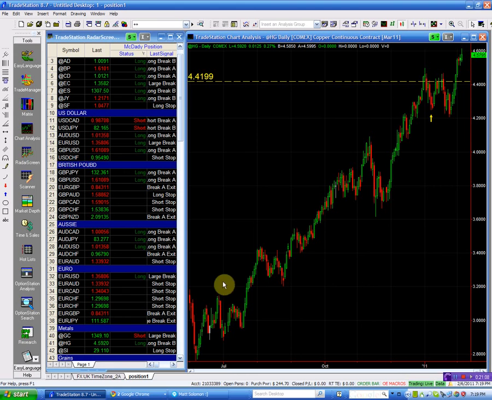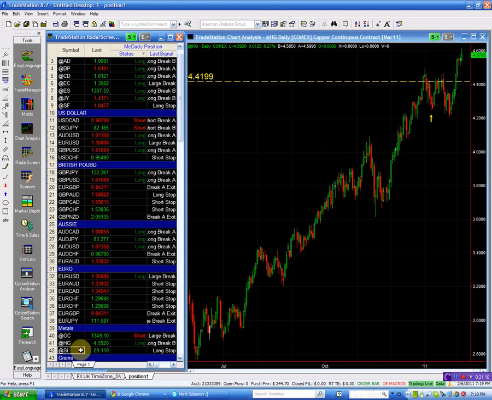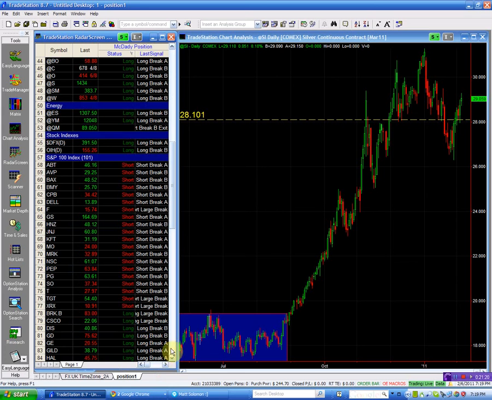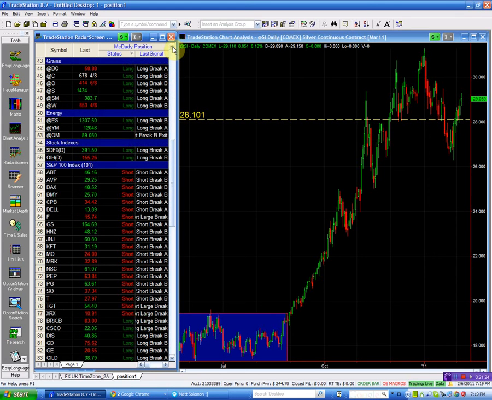If you look at silver, silver actually is much stronger than gold, but still it doesn't affect the Aussie. So the Aussie is on the weak side.